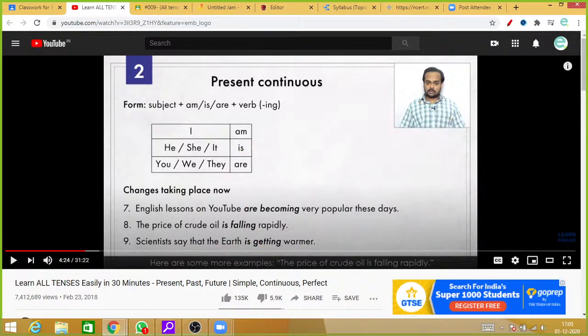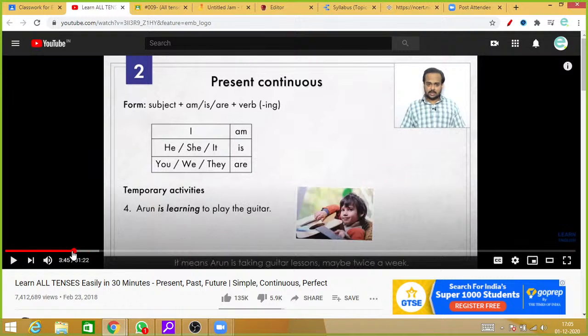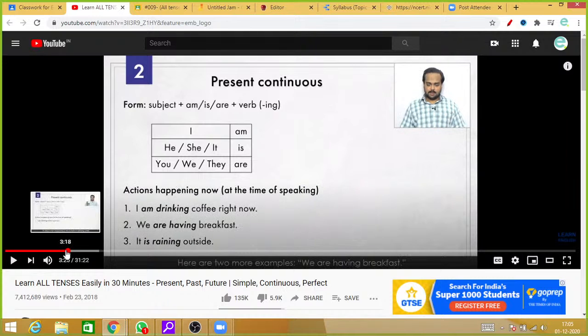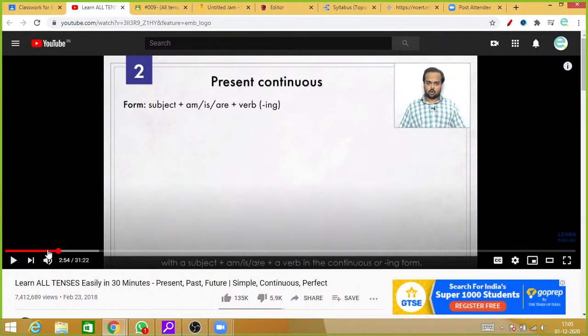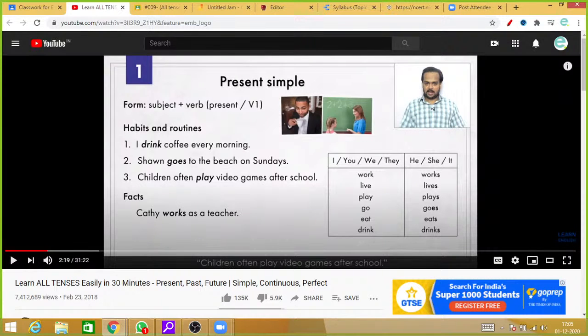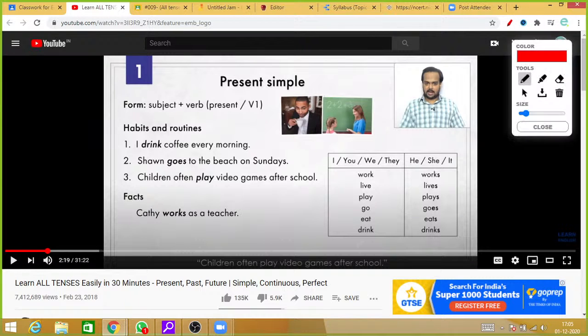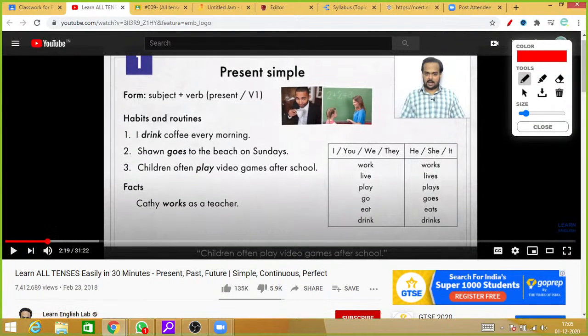So what I want you to do is make sentences, whatever I told you just now, the same sentence, same words, these words. One was using them as simple present tense, okay? Simple present tense.